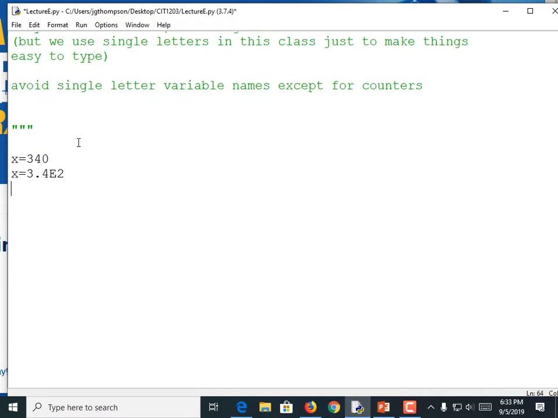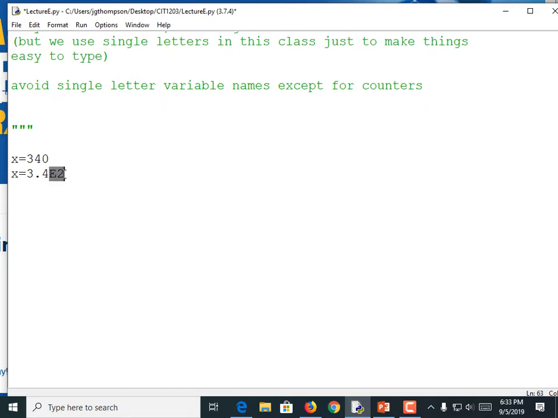I don't care if you know what that means. But what does it mean? It means 3.4 times 100, which is 340. It means move the decimal place over 2 times.